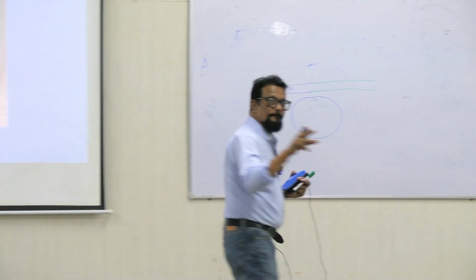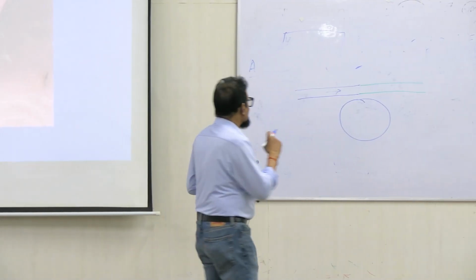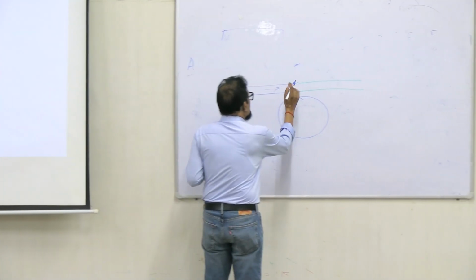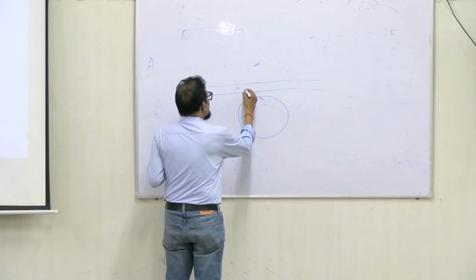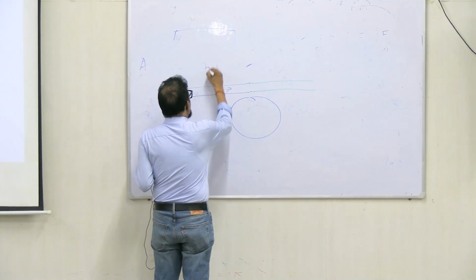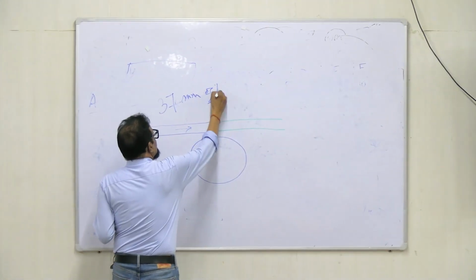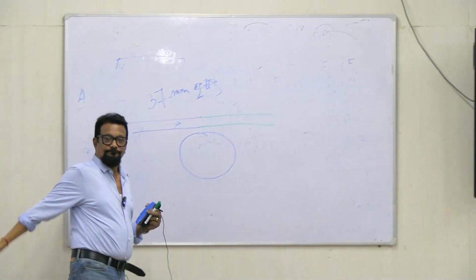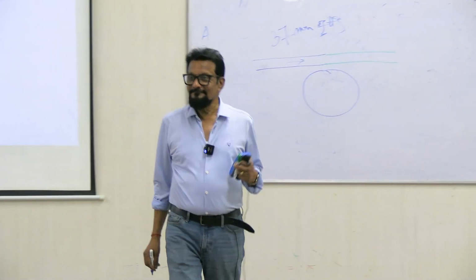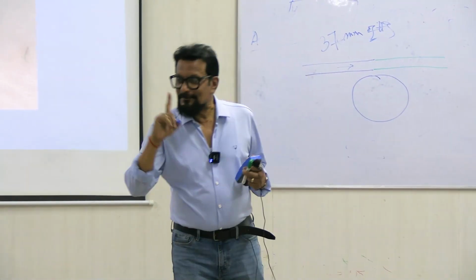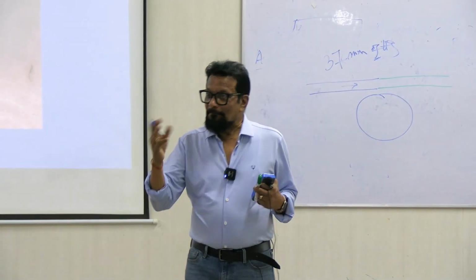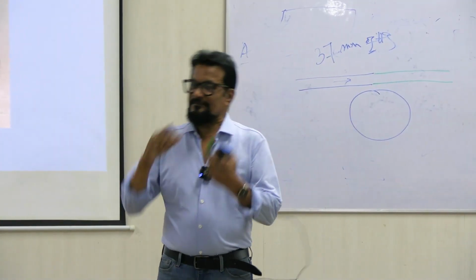Similarly, what is the hydrostatic pressure here? 37 millimeter of Hg. Because of hydrostatic pressure, the blood will try to come out of the blood vessel.